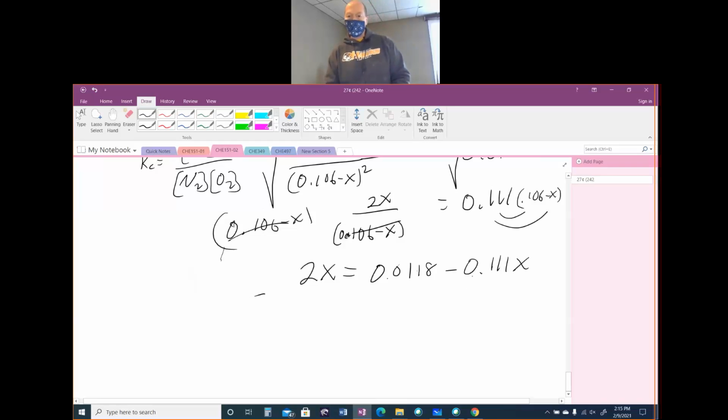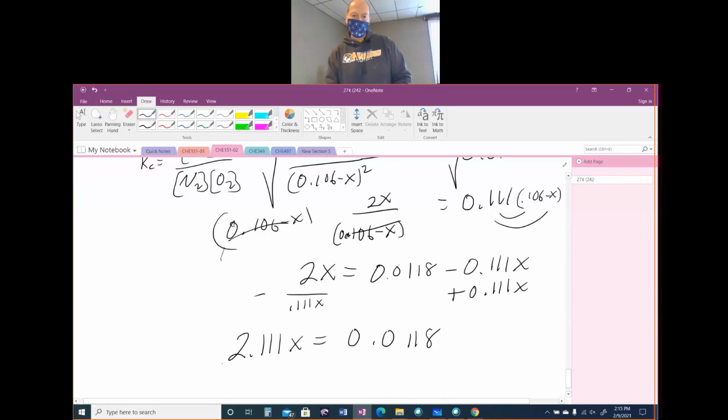All right, so now I'm going to add 0.111x to both sides. So 2.111x is equal to 0.0118.